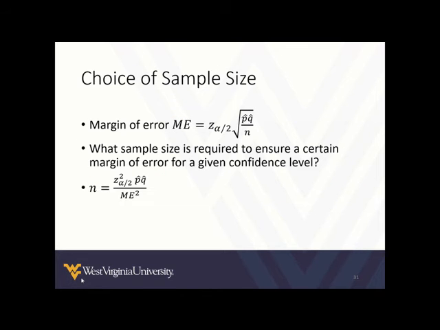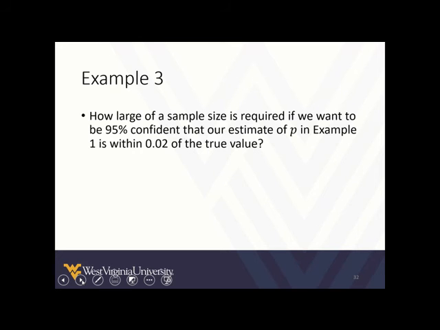Okay, and so as we have done a couple times is calculating sample size based on our margin of error. And so if we are asked to find a certain sample size given a margin of error and a confidence level, we can use the formula of n equals z alpha over 2 squared multiplied by pq all over that margin of error squared.